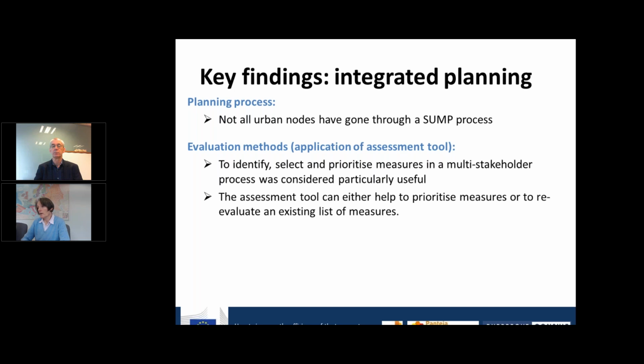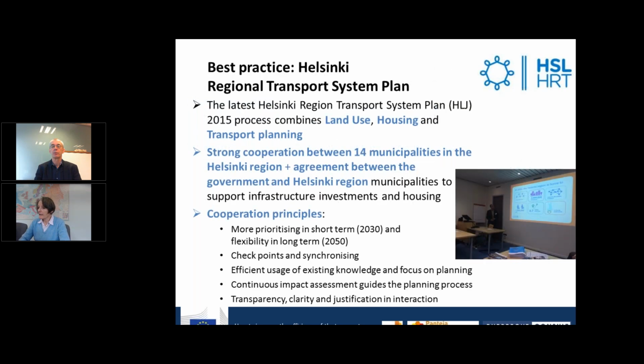According to the application of assessment tools, and also of the assessment tool which has been developed in the study, the stakeholders considered the methodology and the multi-stakeholder process as very helpful and useful. The assessment tool can either help to prioritize measures or to evaluate an existing list of measures.